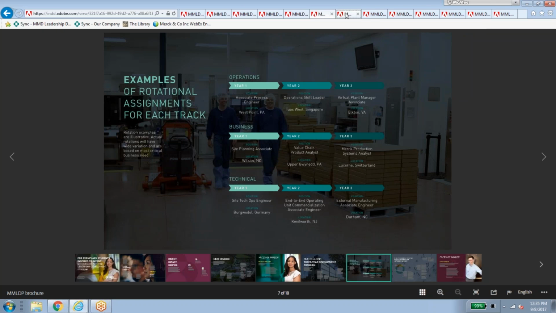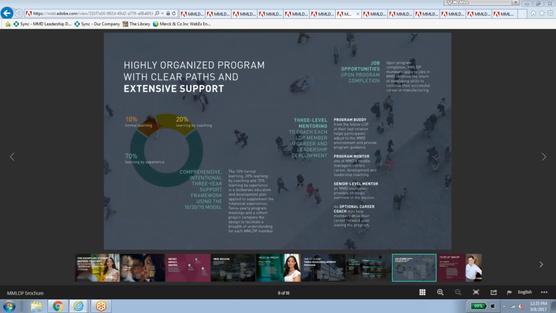Okay, so I will move now into talking about the learning and development framework for the program. You've heard a lot now about how the specific rotation assignments are determined. What's important to note is that as part of the program design, those rotations make up what we're calling the 70%.